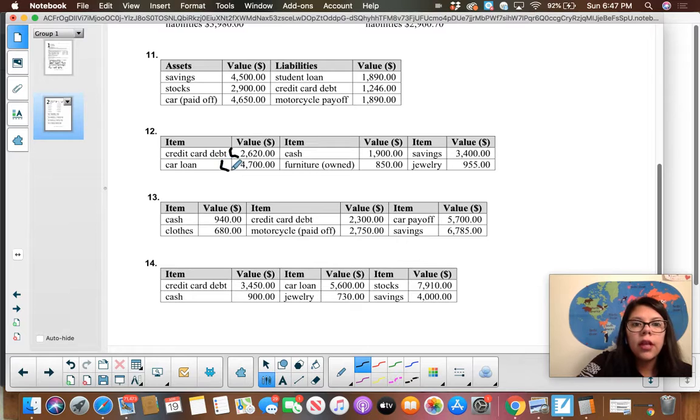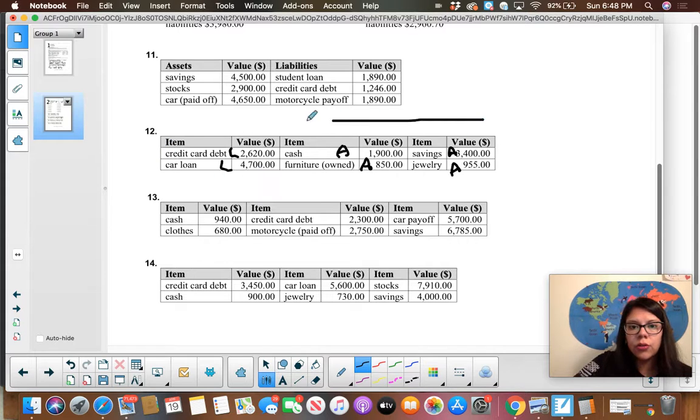Car loan, liability. Cash, asset. Furniture owned, asset. Savings, asset. Jewelry, asset. Okay, so all of these are assets, and then these are your liabilities.